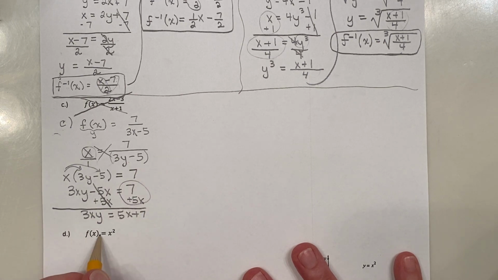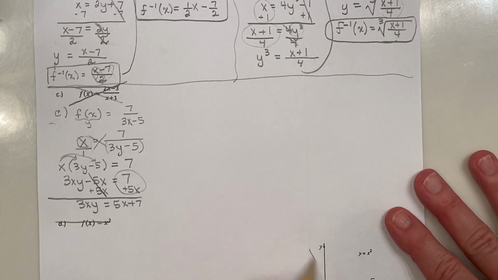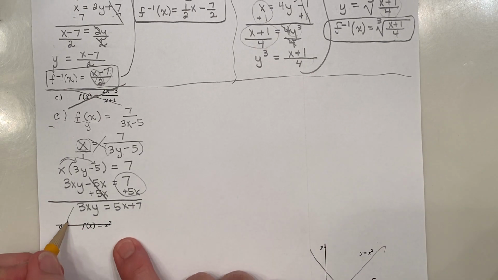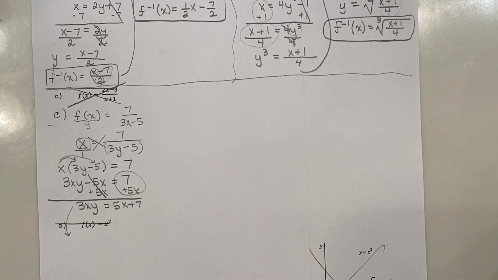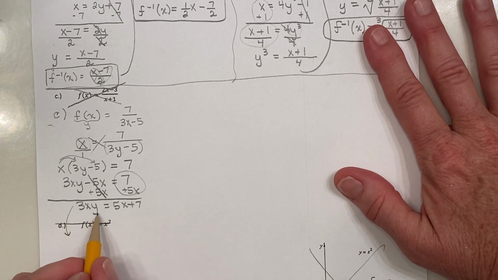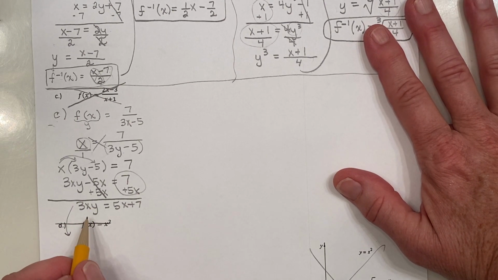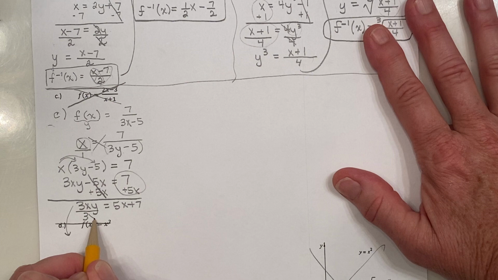All right, and we're actually not even going to do example D, and we won't need this graph right here. So I'm going to come down below here. Okay, so now I want to solve for this y right here, so I'm going to divide both sides of this equation by 3x. Since everything's being multiplied, I can do the inverse operation of division.